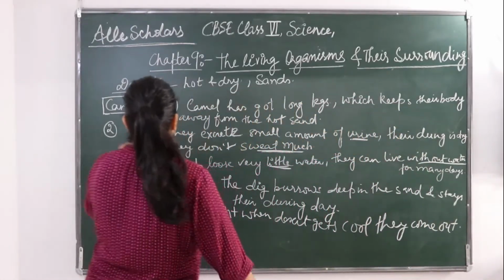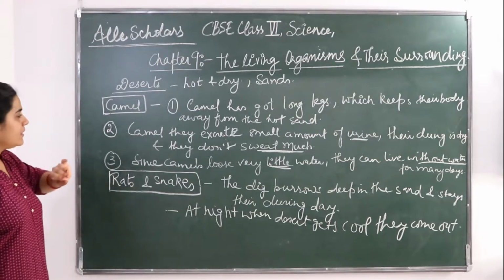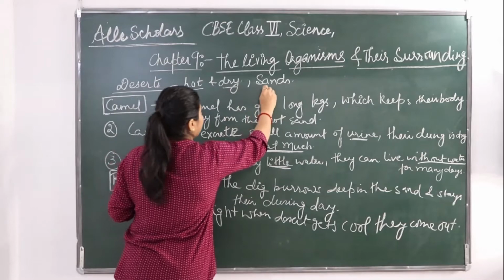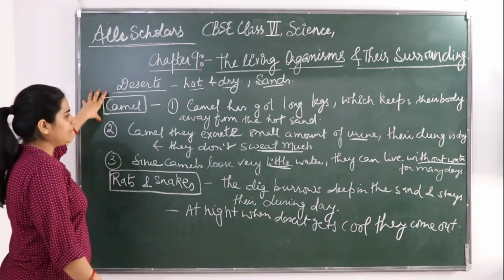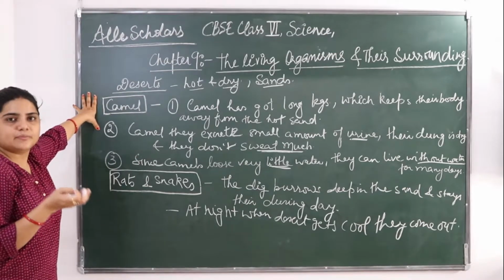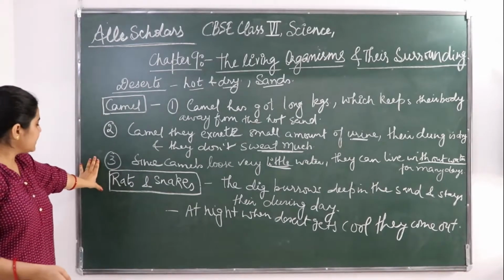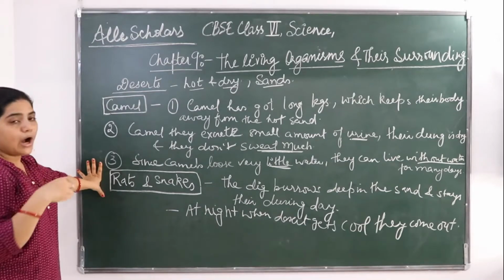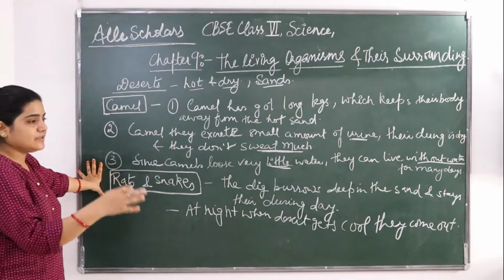So we have seen the desert habitat. In the desert habitat, we know that the weather is very hot, dry, and the sands are there. So we have seen how camel has adapted itself because of its long legs, because of its tendency to retain water for many days. Next, if you talk about the other animals like rat and snakes, how do they defend themselves from this intense heat of the sand?